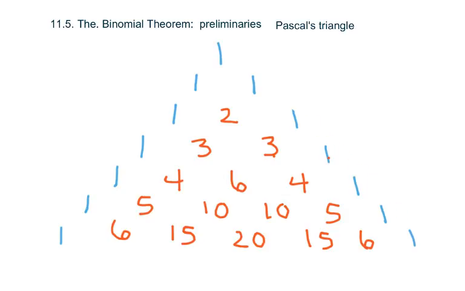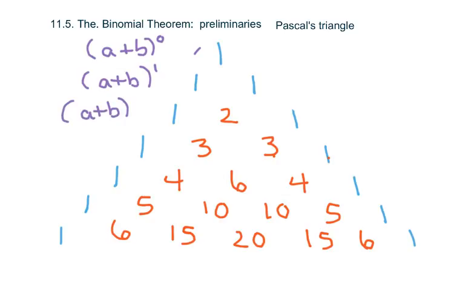Now, this also is useful for factoring because, let me see which side, I'll put on this side. This you can write as a plus b to the 0 power. Anything to the 0 power is 1 and you get 1. This is like a plus b to the first power. This is a plus b squared.